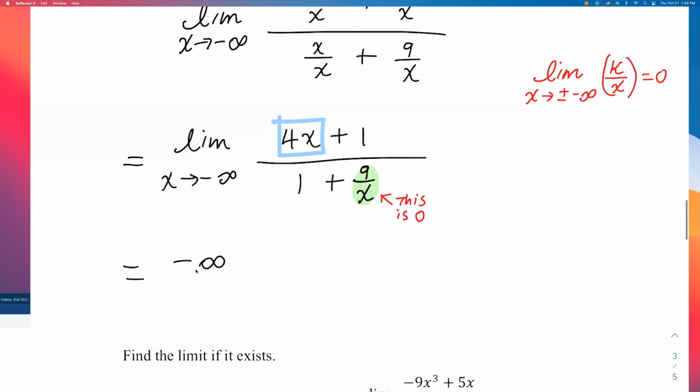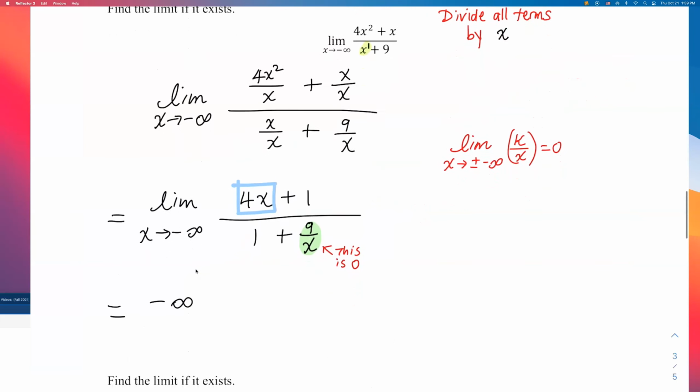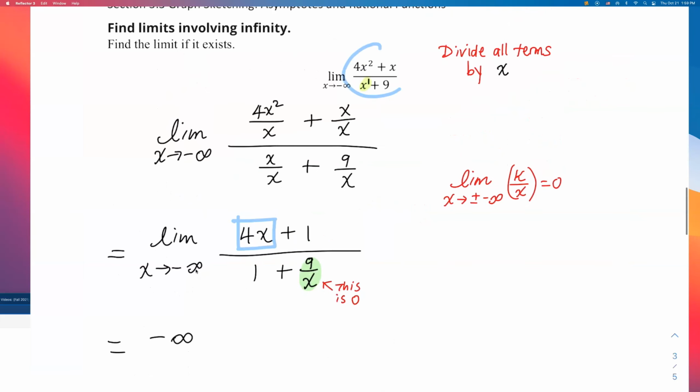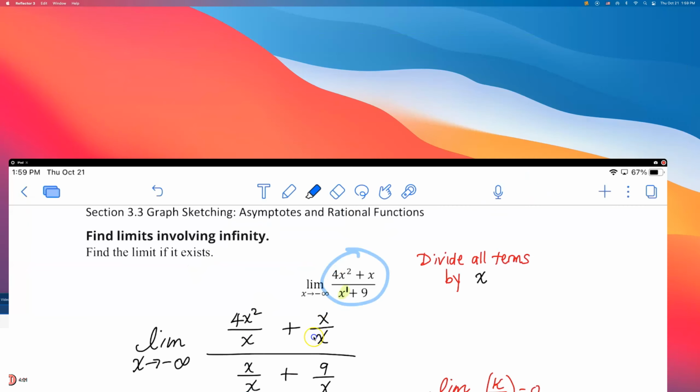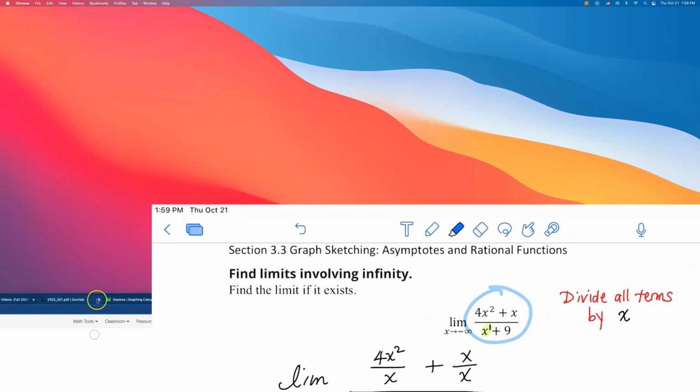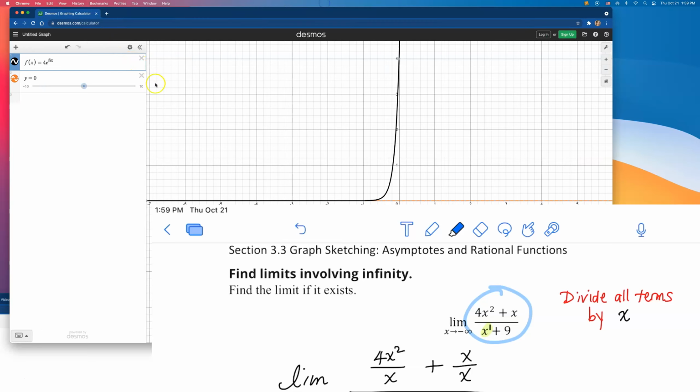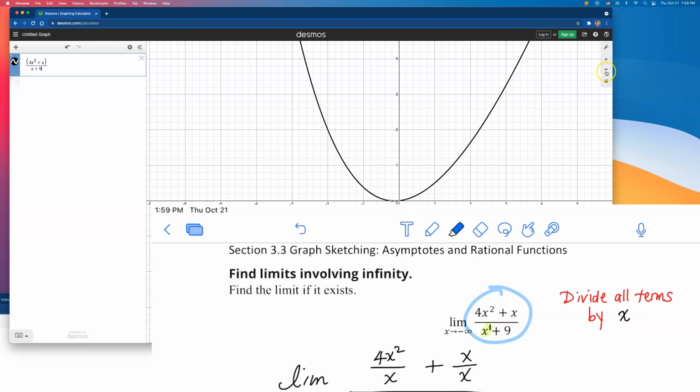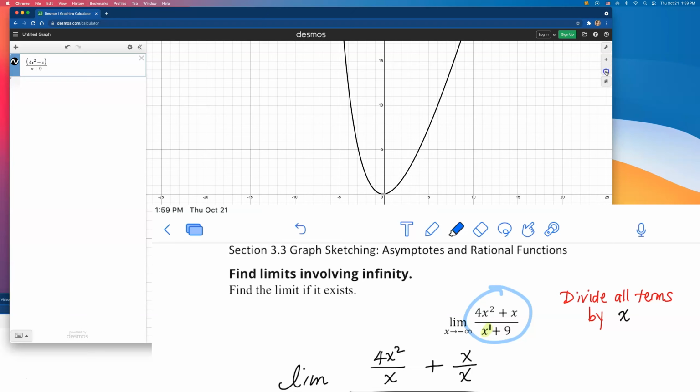What we got algebraically is that if I graph this function, the left end will be pointing down. All right, let's test that. I'm going to graph this to see if that is true. If I graph 4x squared plus x divided by x plus 9, now let's take a look and see what x is doing to the left side, okay?